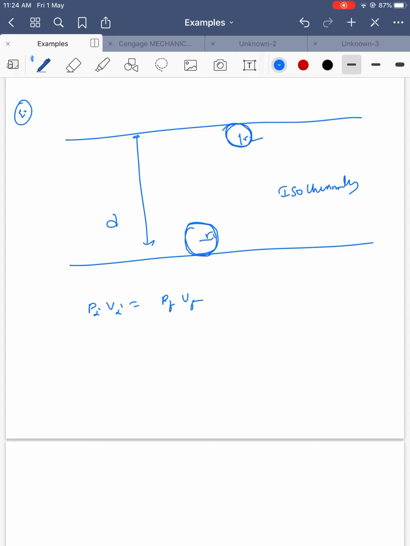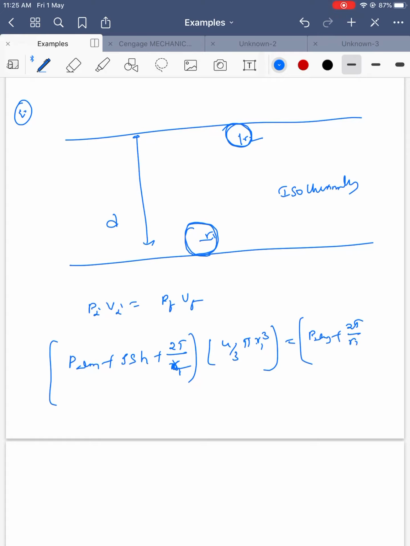P initial is P atmosphere plus rho g h plus 2T by R1, because it is an air bubble inside the water, times 4 by 3 pi r1 cube, which is equal to P atmosphere plus 2T by R2 into 4 by 3 pi R2 cube.